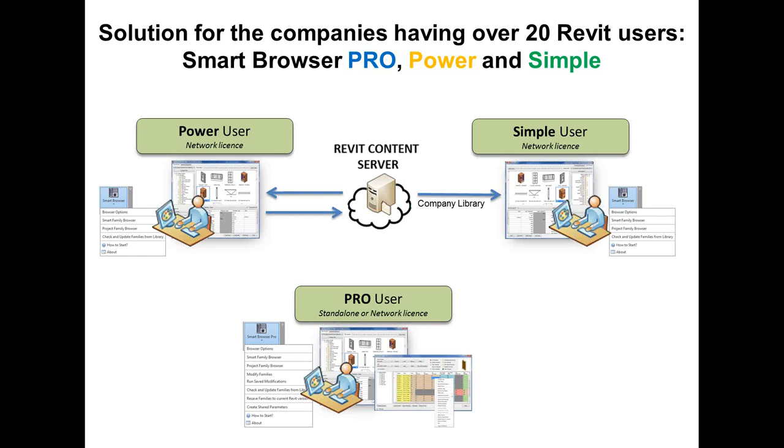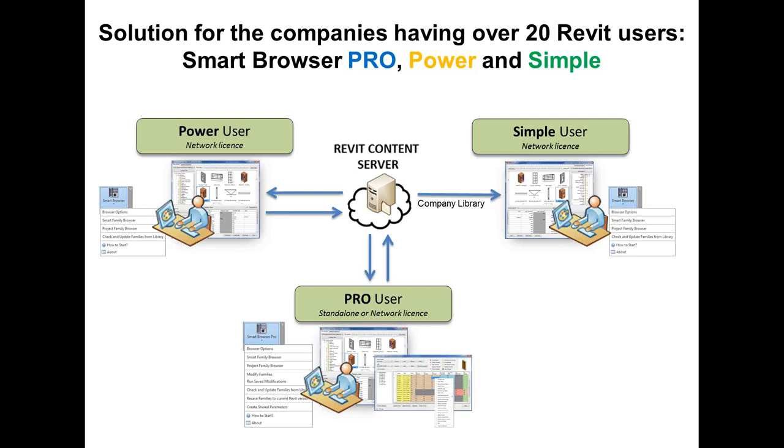And then here we have the Pro user. The Pro user can be a standalone or network license, depending on the needs of the company. The Pro user will be able to use the library and make the synchronization process, but at the same time he will be able to modify the families.